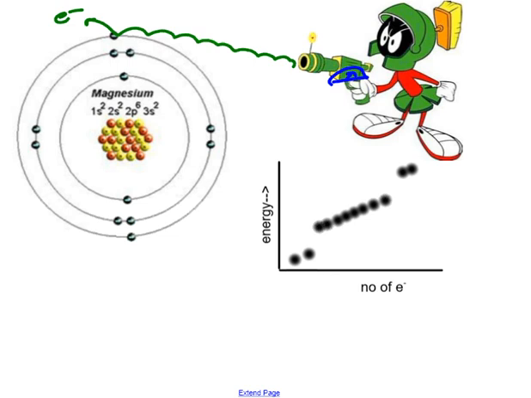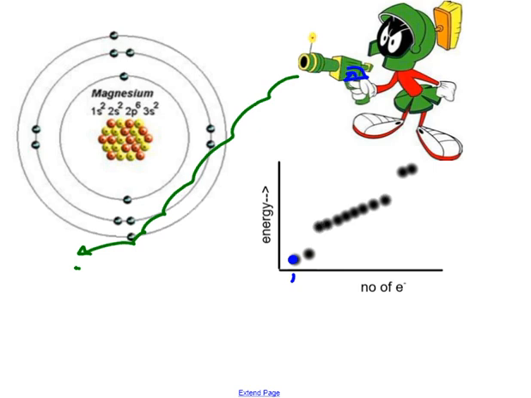What he'd find is that the first electron came off very easily. The second electron would take just slightly more energy to remove. So when he goes to shoot off the second electron and knock it free, it took just slightly more energy on his ion gun to remove. And so electron 2 is now removed.